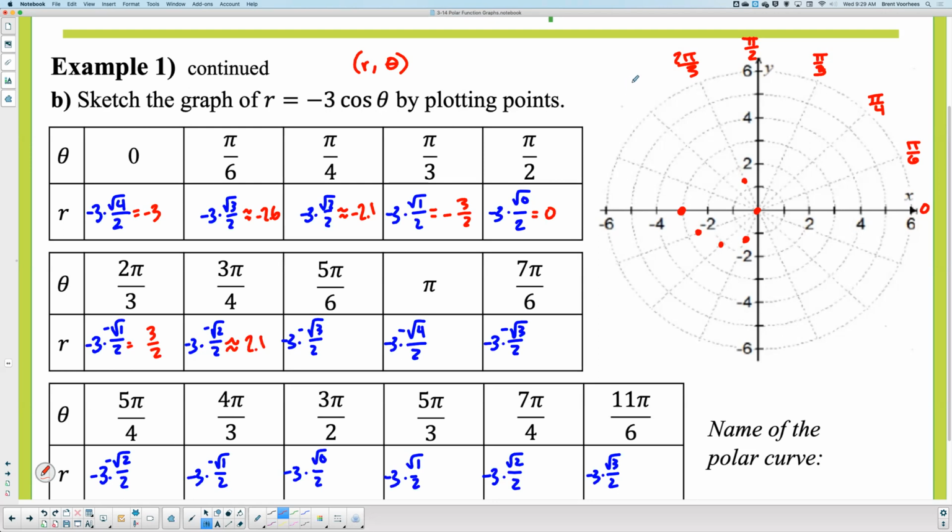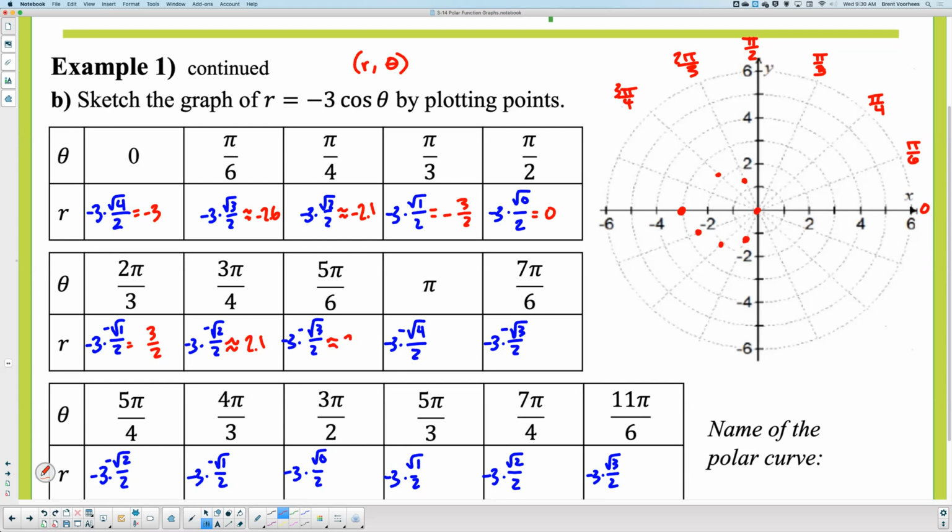So at 3 pi over 4, we are approximately at 2.1 right there. This value is going to mirror that, but this time it's going to be approximately 2.6 positive because the two negatives cancel out. Goodness gracious, this eraser.